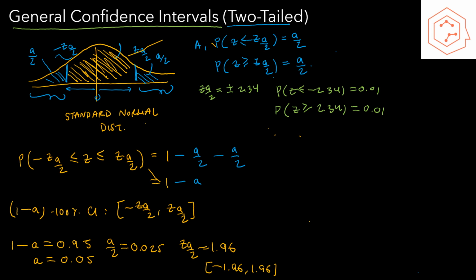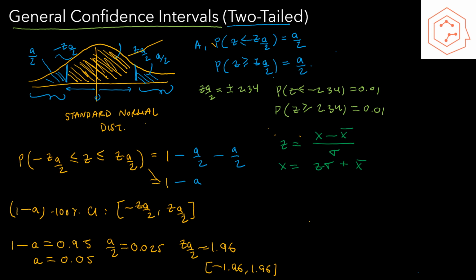Now to extend this, to be able to use it with x values, we remember that the z-score is equal to x minus the mean divided by the standard deviation. And so to express x in terms of z, we can isolate x: x will equal z times the standard deviation plus the mean.